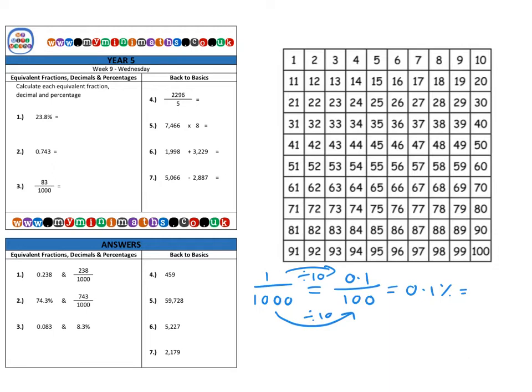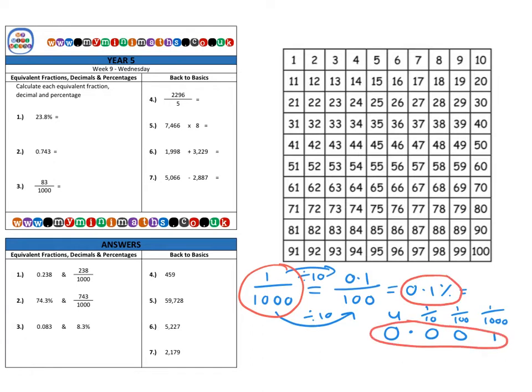more room, we have our units, we have our tenths, we have our hundredths, and then we have our thousandths, and we have one of those. So here we have our fraction, we have our percentage, and we have our equivalent decimal.